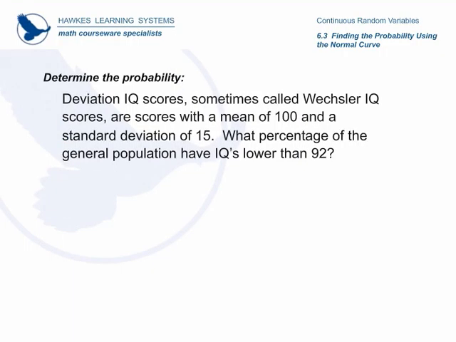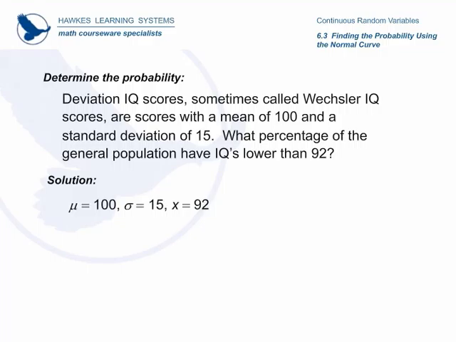Let's take a look at an example. Determine the probability. We have deviation IQ scores, sometimes called Wechsler IQ scores, with a mean of 100 and a standard deviation of 15. What percentage of the general population have IQs lower than 92?